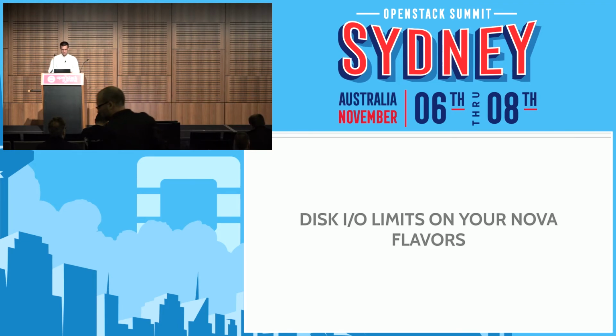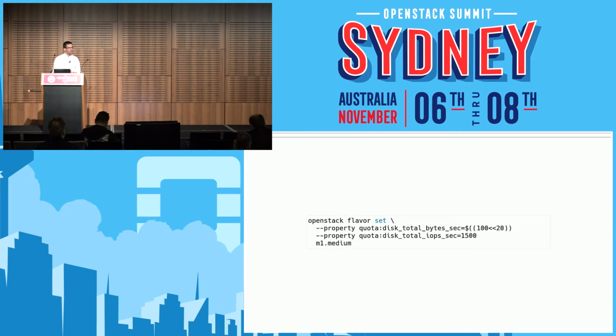That's a concept known as instance resource quotas, and you set those via flavor properties. For example, you might want to limit a specific flavor to, say, 1,500 IOPS and a max throughput of 100 megabytes per second. You do that with openstack flavor set, and these properties are always prefixed with quota:. In this example, we would be setting 100 megabytes per second as the maximum throughput or bandwidth that we're allocating, and a maximum of 1,500 IOPS.